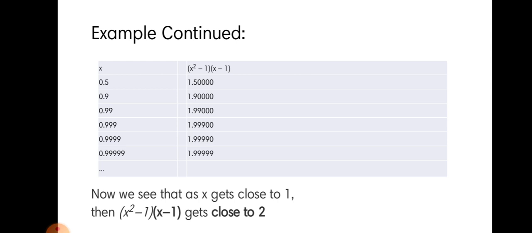As the value of x increases, the value of the expression also increases. Now we can see that as x gets closer to 1, x squared minus 1 over x minus 1 gets closer to 2.